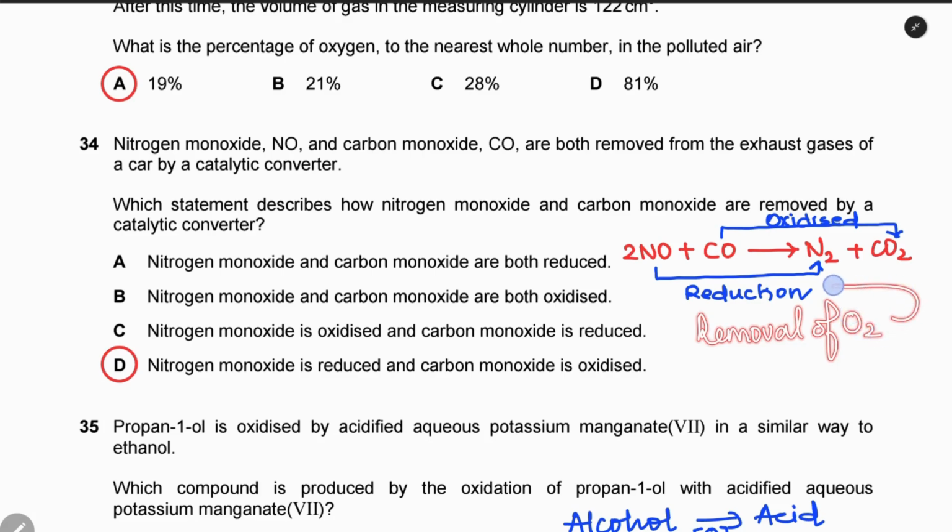Removal of oxygen means reduction, and if this gets reduced, then over here this will get oxidized. So let's see: nitrogen monoxide and carbon monoxide are both reduced? No. Both oxidized? No. Nitrogen monoxide is oxidized? No. Nitrogen monoxide is not oxidized, it is reduced, and vice versa. So the answer is nitrogen monoxide is reduced and carbon monoxide is oxidized. So the final answer is D.